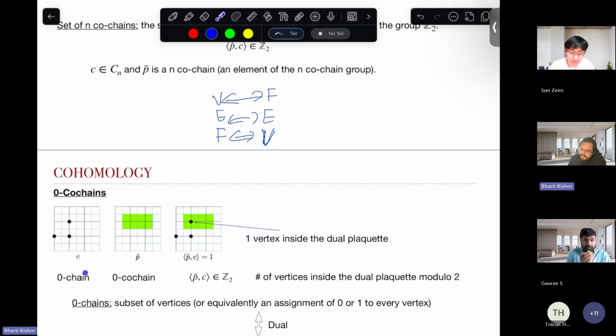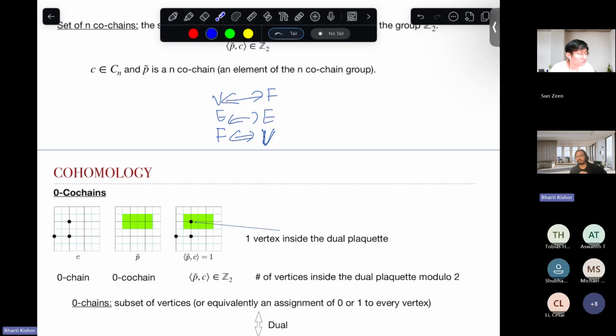So similarly, you have a chain, let's say zero chain, which is assignment of 0, 1 to every zero-dimensional object, which is vertex. A zero co-chain will be assignment of 0, 1 to every zero-dimensional object, in this case, which is faces. And their inner product counts how many vertices are in the overlap.